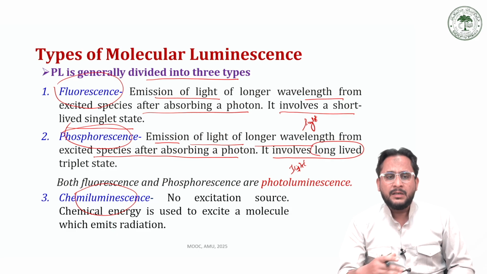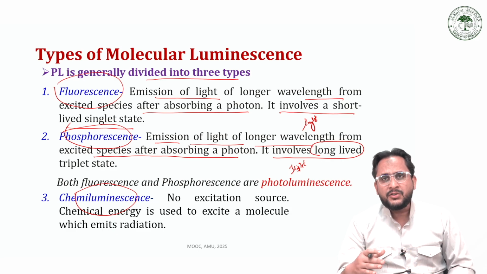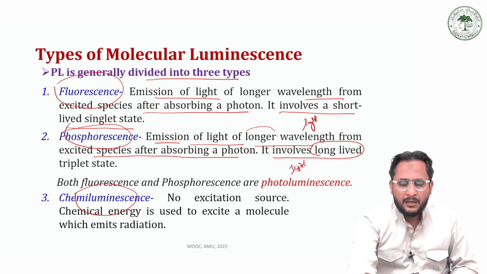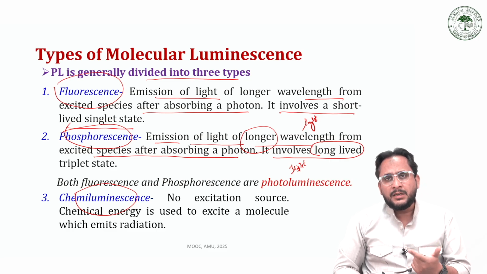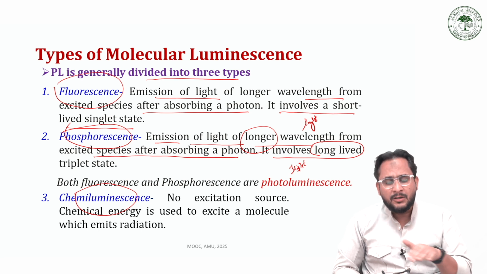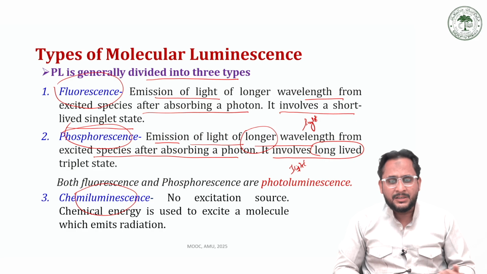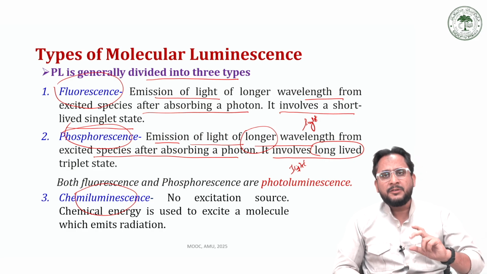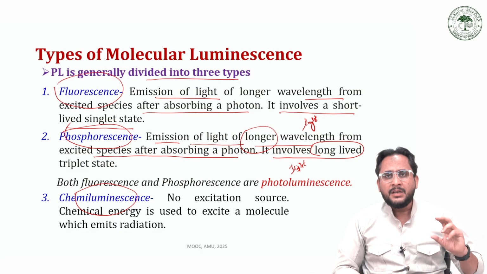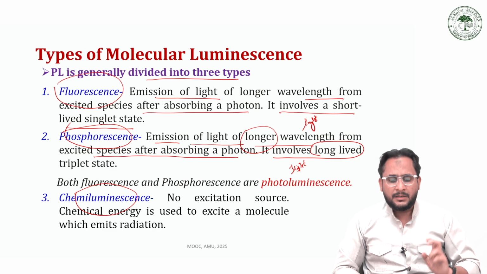On the other hand, phosphorescence refers to the emission of light of longer wavelength upon absorption of light of shorter wavelength, but the emission of light continues for a little bit longer period of time even after cutting off the incident light radiation that is irradiating the sample. So this is the difference between these two. The concept is the same, but the duration of the emission of light keeps this process apart.